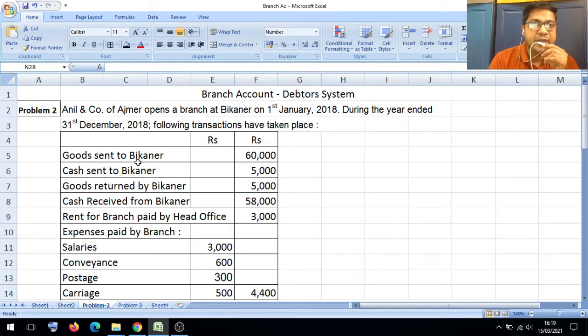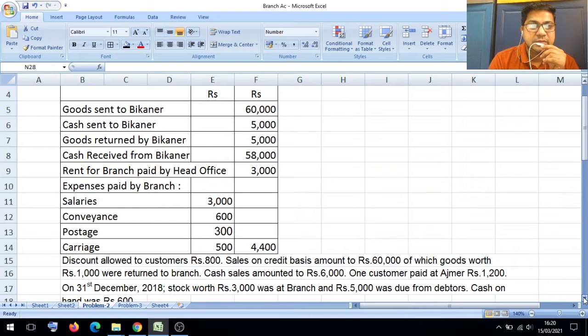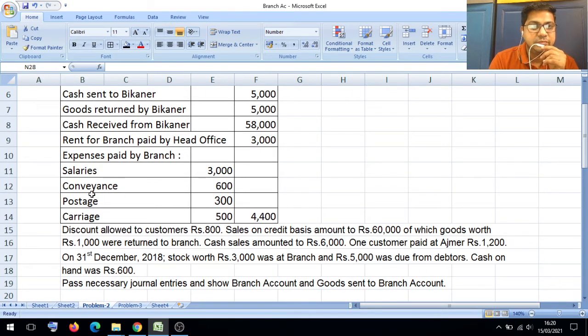Goods sent to Bikaner 60,000, cash sent to Bikaner 5,000, goods returned by Bikaner 5,000, cash received from Bikaner 58,000, rent for branch paid by head office 3,000, expenses paid by branch: salaries 3,000, conveyance 600, postage 300, carriage 500, total 4,400.